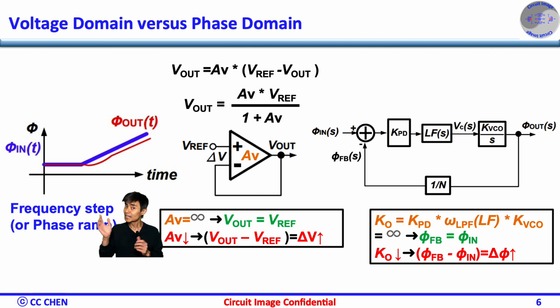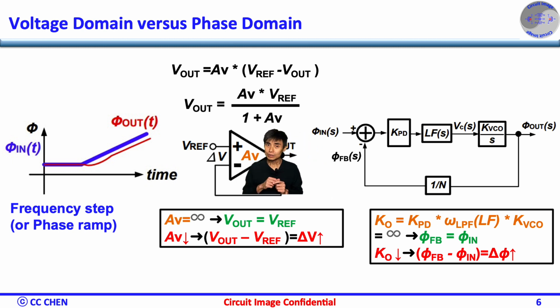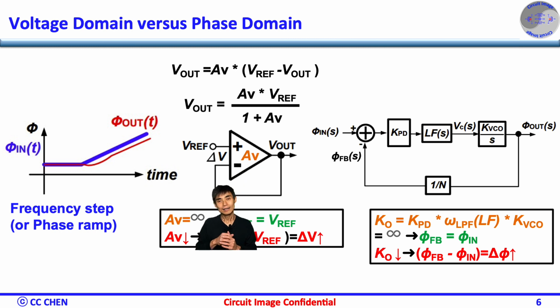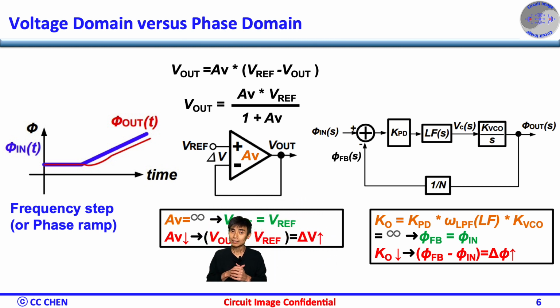Without looking at any equation, we can link to a feedback amplifier we learned from Microelectronics 101. The output voltage error in the feedback loop depends on the open loop gain of the OTA. Ideally, if the OTA gain is infinity at DC, the output can exactly follow the DC voltage of the input.